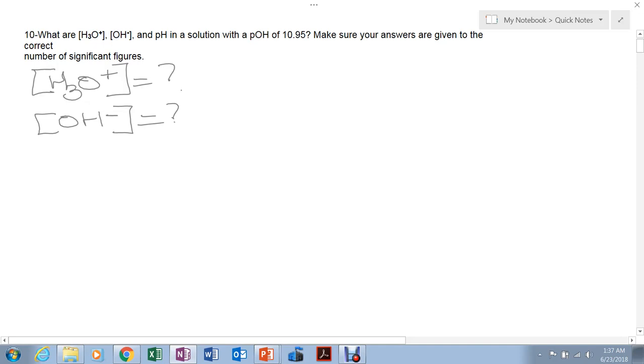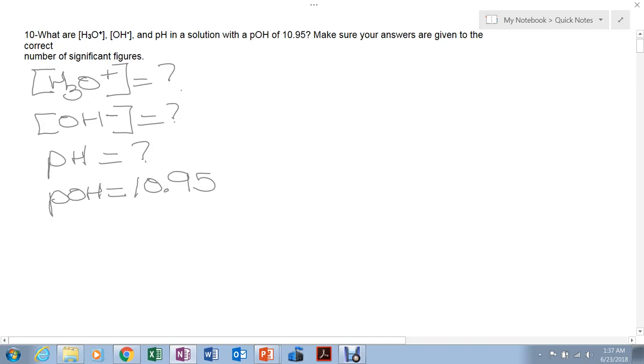Now it's the opposite. The problem is giving us the pOH, with a pOH equal to 10.95.